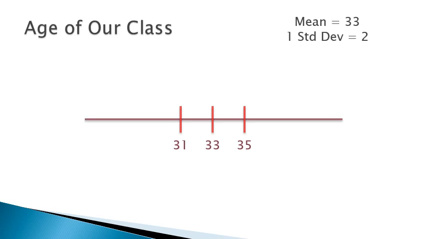We also know that 95% will fall within plus or minus 2 standard deviations from the mean, meaning 29 to 37 years old. And we know that 99% of everybody in class is going to fall within the ages of 27 to 39 years old. Okay, hopefully this is making sense.